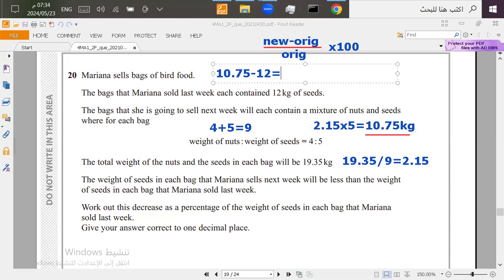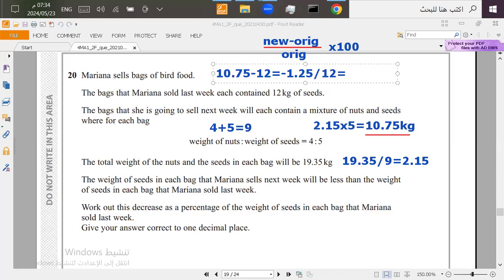It's going to be negative 1.25. The negative answer means it's decreasing. Now I'm going to divide it by the original, which is 12.